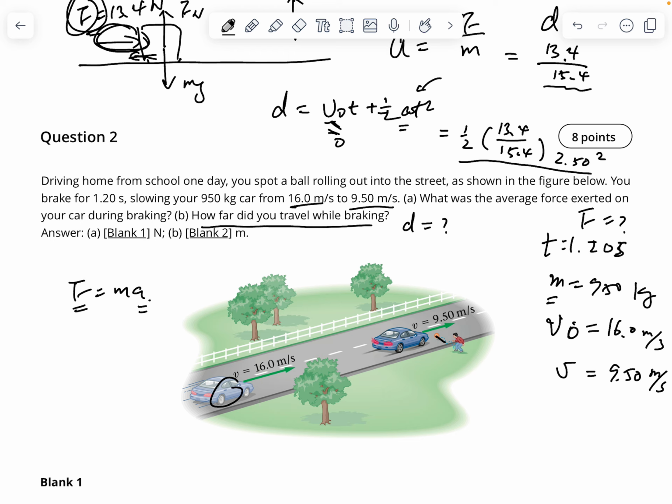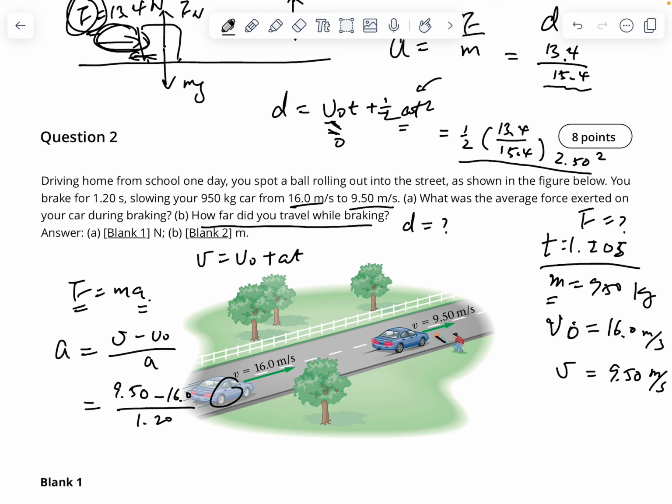From kinematics, right? So for acceleration, we know v equal to v naught plus at. So a equal to v minus v naught divided by t. Okay, so plug in the data: 9.50 minus 16.0 divided by time 1.20, right? So this acceleration is a negative value, which means this is a deceleration. That's why you drive fast and then slow down, right?